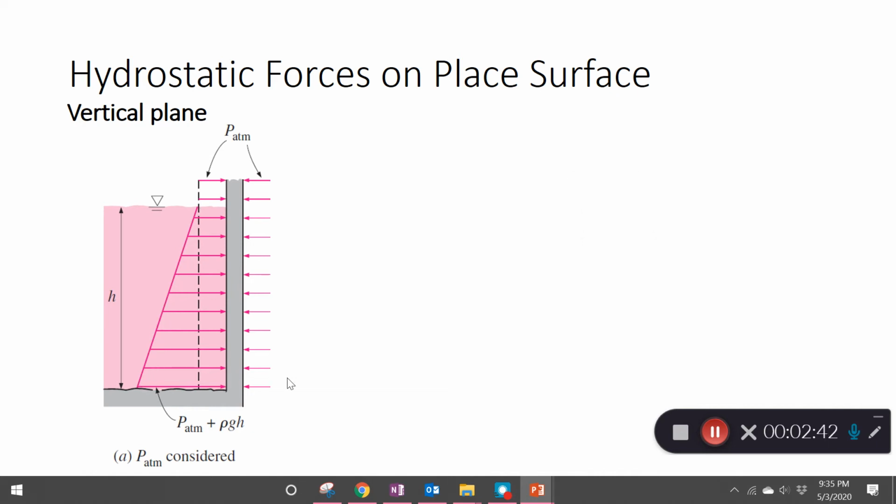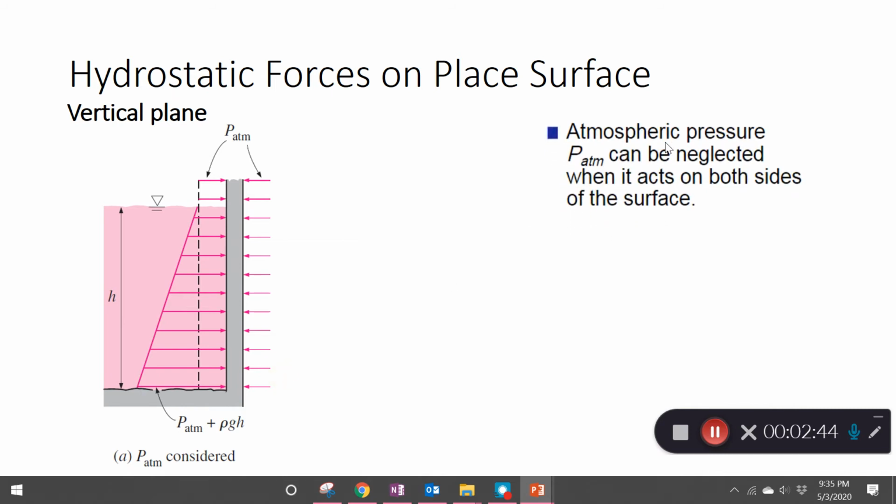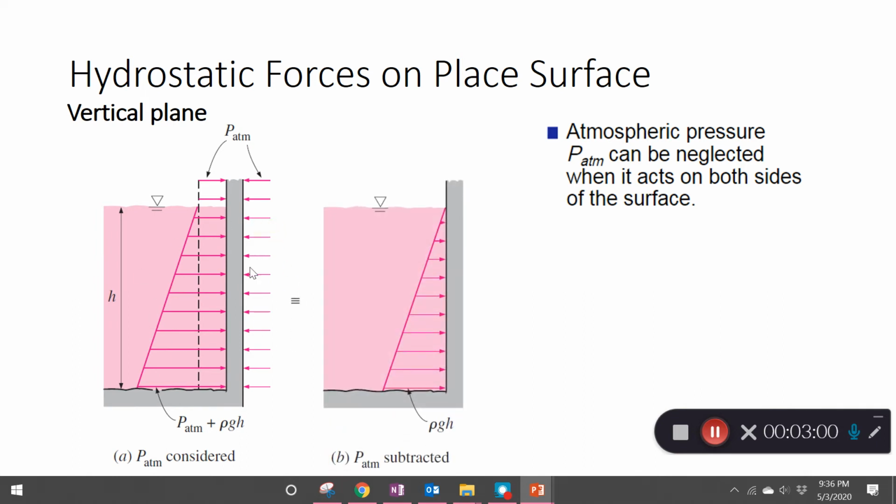All right. So atmospheric pressure can be neglected when it acts on both sides of the surface. To ease your calculation, because atmospheric pressure is acting on the surface at both sides and in opposite directions, we can simplify this diagram and turn it into this. So it looks much cleaner, right?